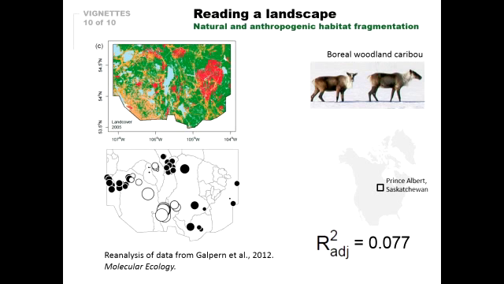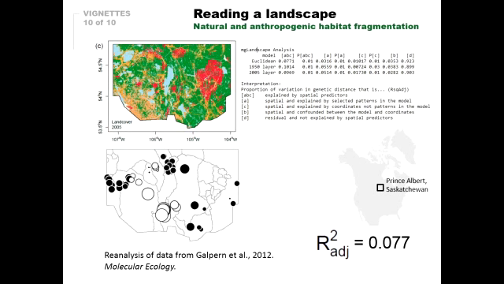So we're getting animals here and here separated by a highway with clearly differentiable genetic structure. And we've tested this story in many ways. And just to give you a sense that we are testing it, we can pull out the proportion of the genetic structure that is associated with various different hypotheses.